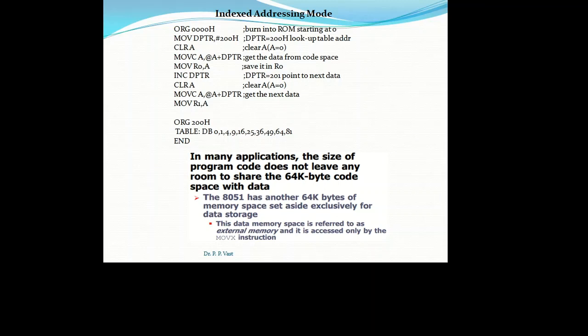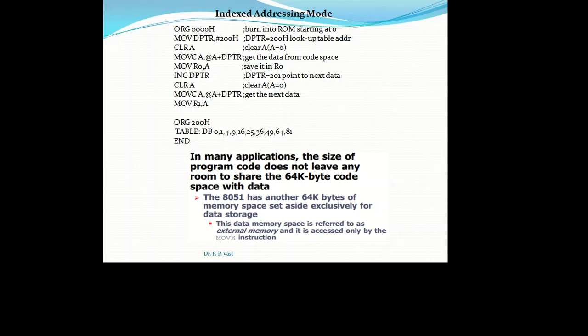After that we have cleared the accumulator, so the accumulator data is 0. As A is 0 and DPTR is 200, the total address A plus DPTR is 200. So in the instruction MOVC A, @A+DPTR, the total address is 200, and whatever data is at location 200 will get copied into the accumulator.